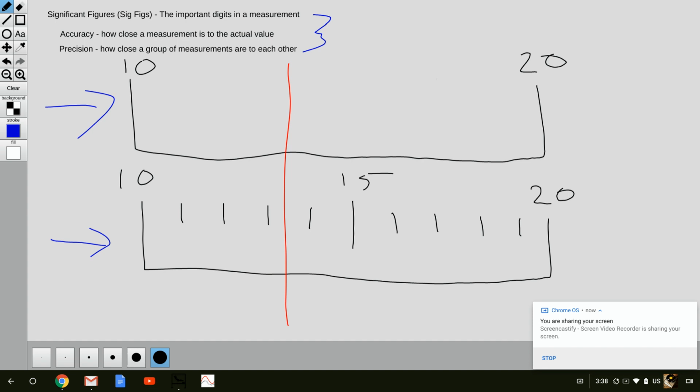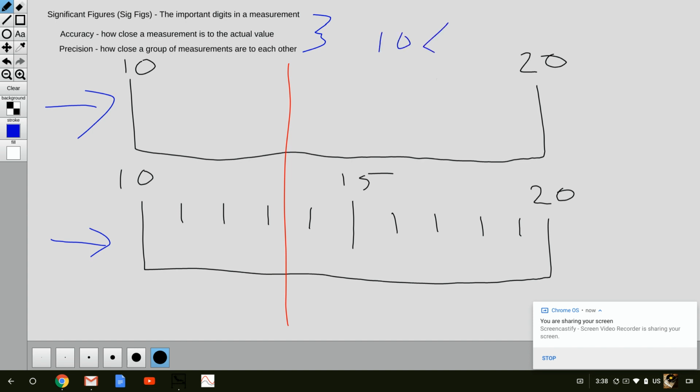Pretend that red line is straight, and we're going to use each ruler to measure it. If you ignore the bottom ruler and just look at the top ruler, it is somewhere between 10 and 20. That's all we really know about the red line at this point.